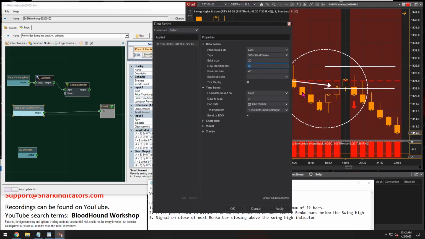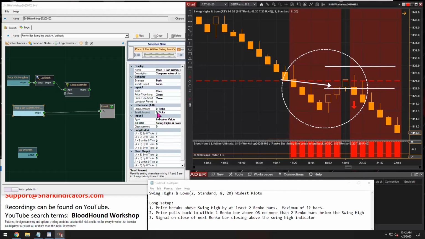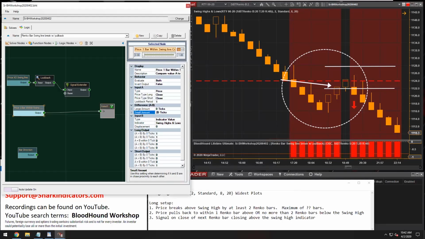So from closing price to closing price, we have 20 ticks between each bar. So we'll set our difference amounts to 20 ticks. There we go, so 20 and 20.